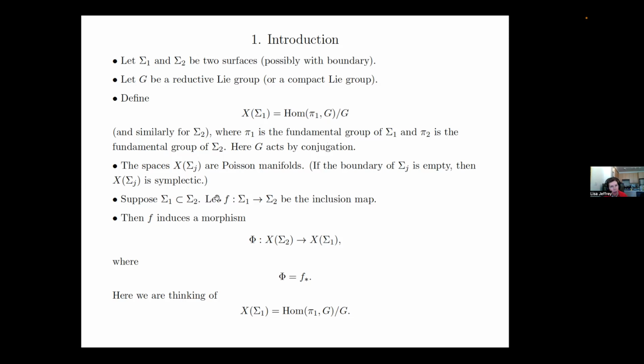So one map that we will consider is the inclusion map. We could consider sigma 1 as a submanifold of the surface sigma 2, and F is just the inclusion map. Then we get a morphism from X of sigma 2 to X of sigma 1.